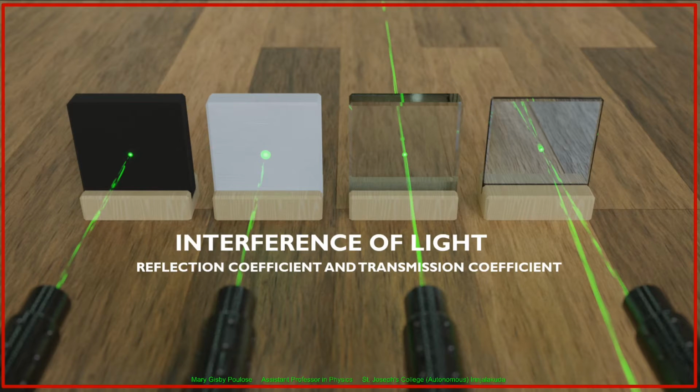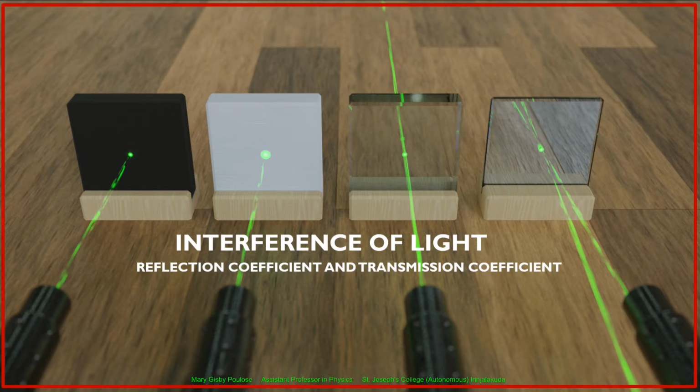Now on the second surface from the right, we see a glass plane. When light falls upon this glass plane, light is observed to transmit through it. If you observe the upper edge of that glass plane, you can see that the light is deviated a bit from its path, and that is due to refraction.